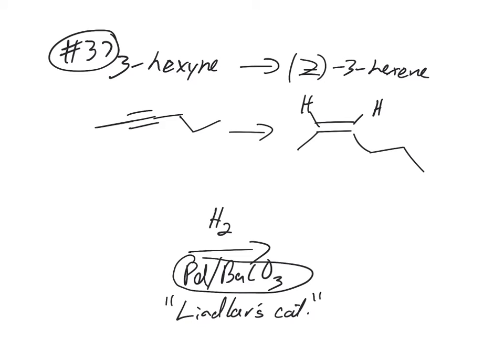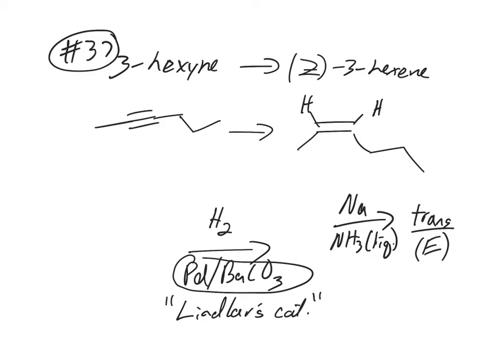That makes an alkyne turn into a trans alkene. The NH3, when it's liquid, gets you a trans or E-alkene. Sodium metal or lithium metal, usually sodium or lithium, gets you that trans or E-alkene from an alkyne.